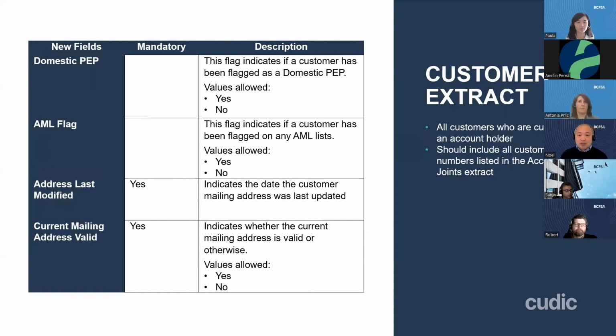New data requirements within the customer extract include domestic politically exposed person, or domestic PEP, and anti-money laundering, or AML flags. This data will help to identify possible domestic PEP and AML issues on a particular account. Further, we have included address modification and mailing list validation data. This information helps to ensure that QDIC has the most up-to-date mailing address to send check payments to.